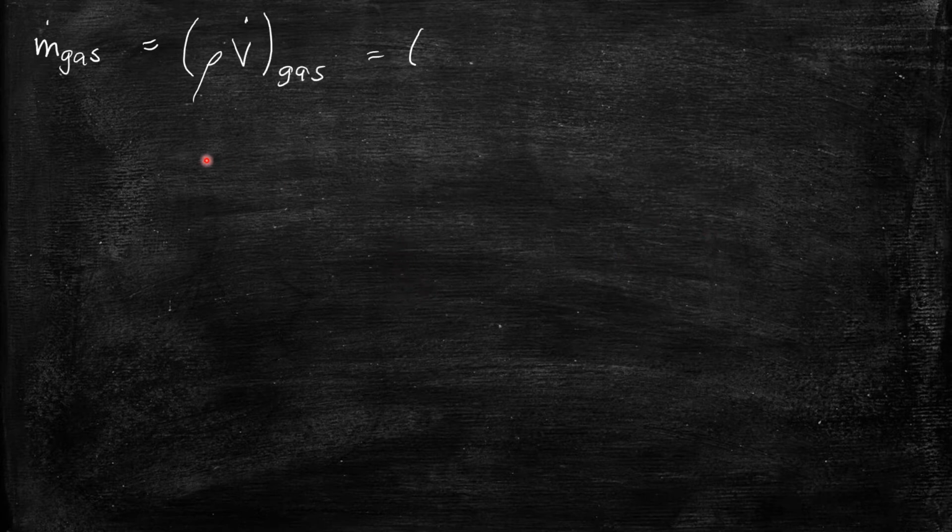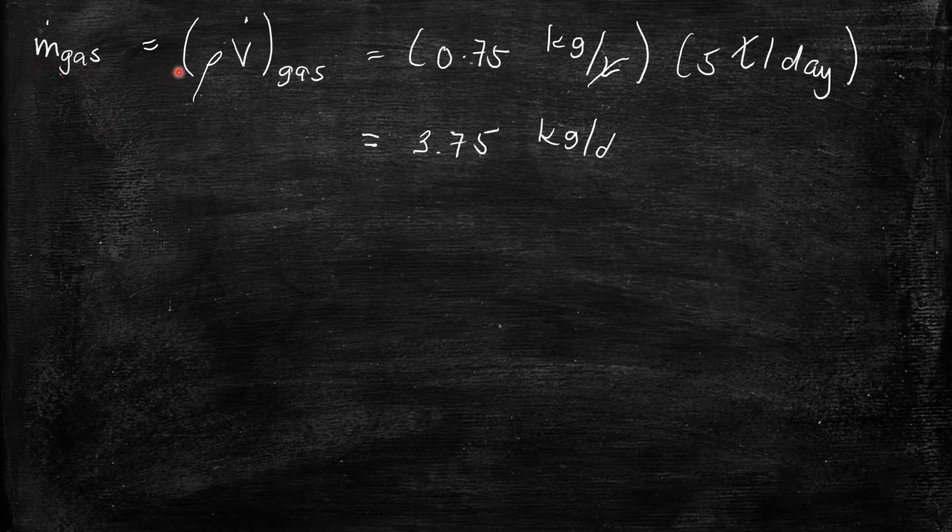The mass of gasoline used per day by the car is given by this expression. This is the mass flow rate, and that of the gasoline is equal to the density times the volume rate of the gasoline.